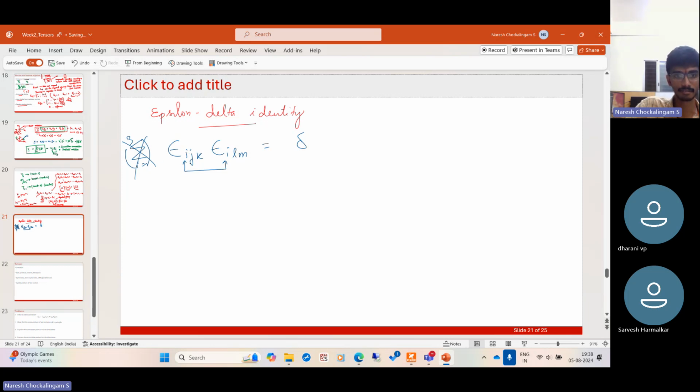This is basically epsilon 1jk epsilon 1lm plus epsilon 2jk epsilon 2lm plus epsilon 3jk epsilon 3lm. So once we sum it over, the index i vanishes. The right hand side is nothing but delta jl delta km minus delta jm delta kl: you take the pairs, then the extremes and the means.